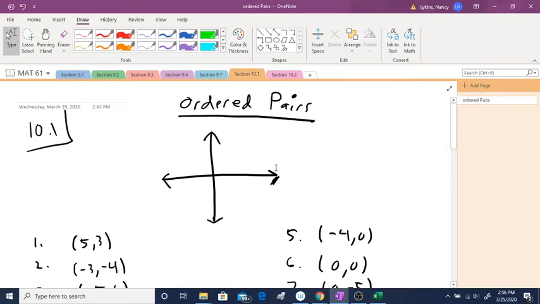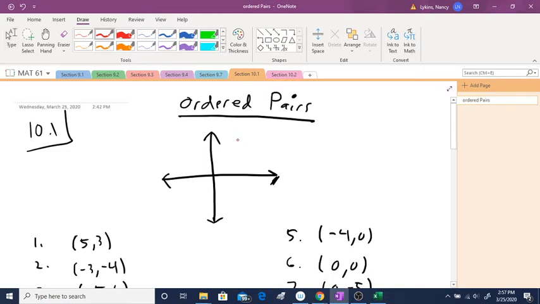Okay, welcome back. Today we're going to start talking about graphing. But before we talk about graphing, we need to understand what ordered pairs mean and understand the different sections of a graph. Well, the graph is labeled into 4 quadrants.